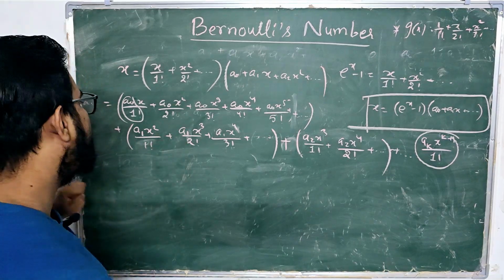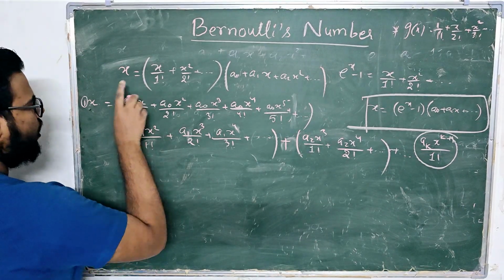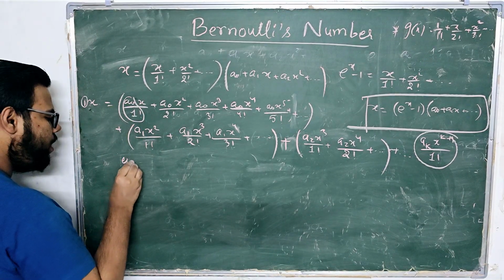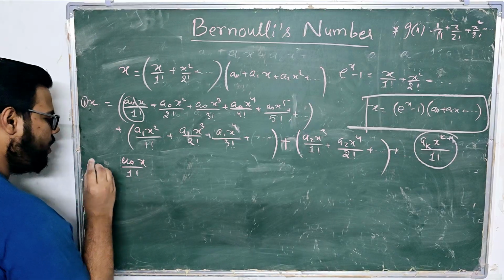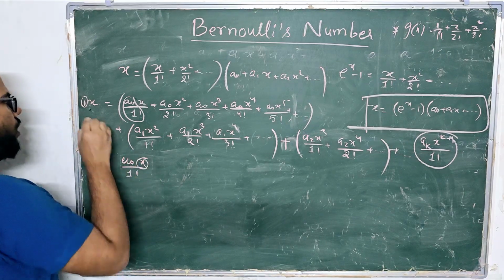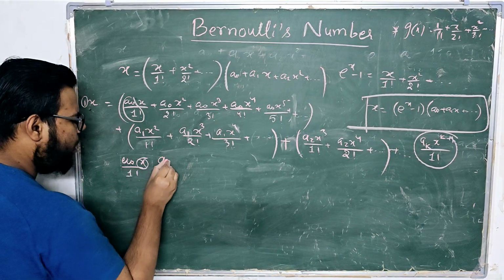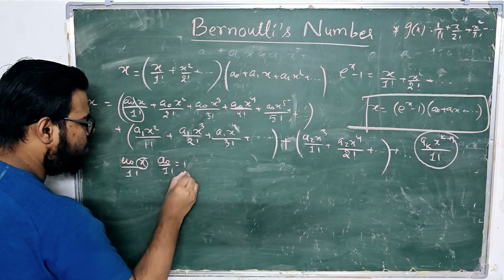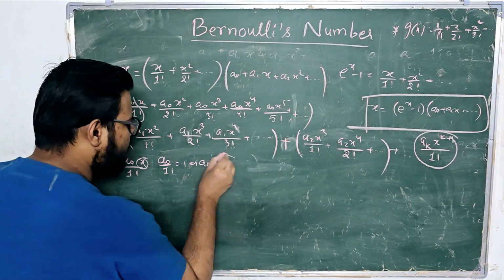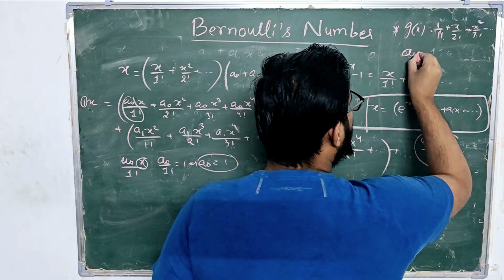What I mean is that for x, we will have a naught x by 1 factorial, right? So the coefficient of x over here is equal to 1. So we will have a naught by 1 factorial is equal to 1. So we have a naught is equal to 1. Okay. So now we have got a naught is equal to 1.